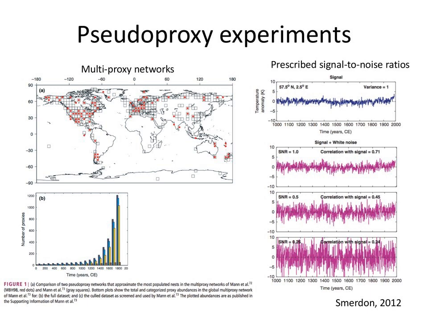and testing some of our assumptions about how these proxies are related to the climate variables of interest, and I think one of the particularly useful ways that pseudoproxies come into effect is that you can do things like play around with the amount of noise in the climate system.